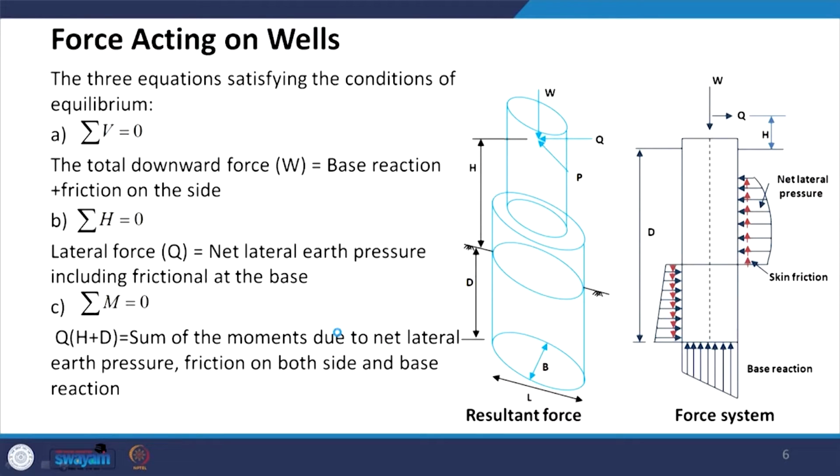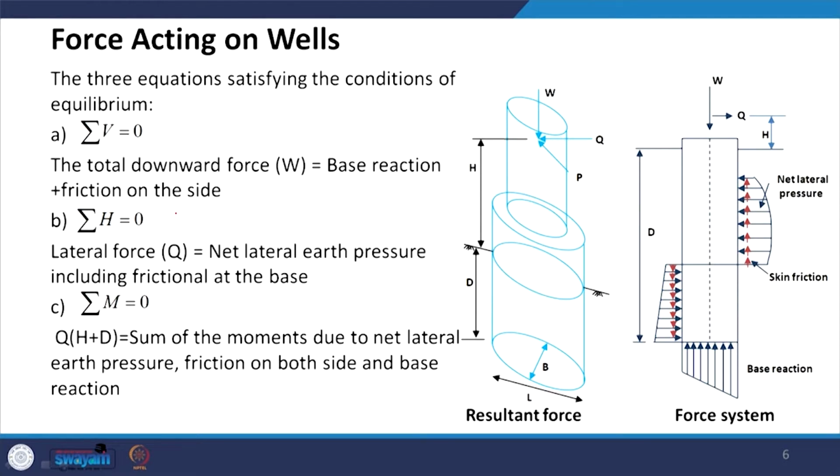Then the next one, the forces acting on wells. In this slide, the combination has been shown. You have three equations which satisfy the conditions of equilibrium, that is summation of V equal to 0, H equal to 0 and M equal to 0. You could see here the well, and on the top of this you could have some pier, which is shown here.